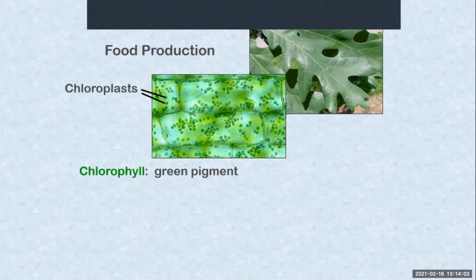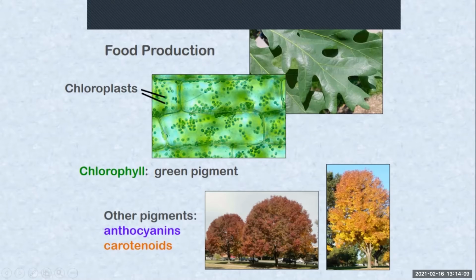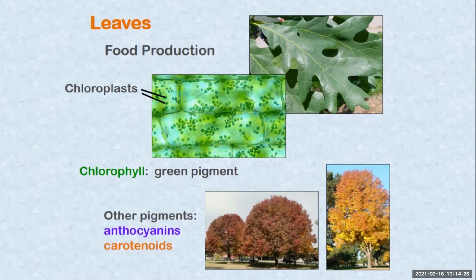As you can see, there are a lot of chloroplasts in these leaf cells. There are other pigments in leaves as well. Anthocyanins tend to run in the red, purple, blue hue, and anthocyanins actually have a protective function in leaves.